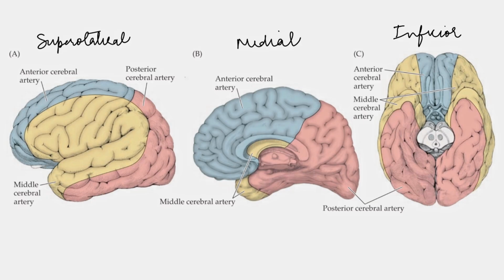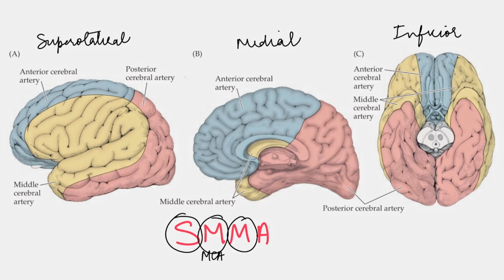It is very important that you know exactly which part of the brain is supplied by which artery. Now, the way I remember it is a very stupid way, but it somehow works. I just remember SMMA. That is, the superior lateral surface is mainly supplied by the MCA, and the medial surface is mainly supplied by the ACA.